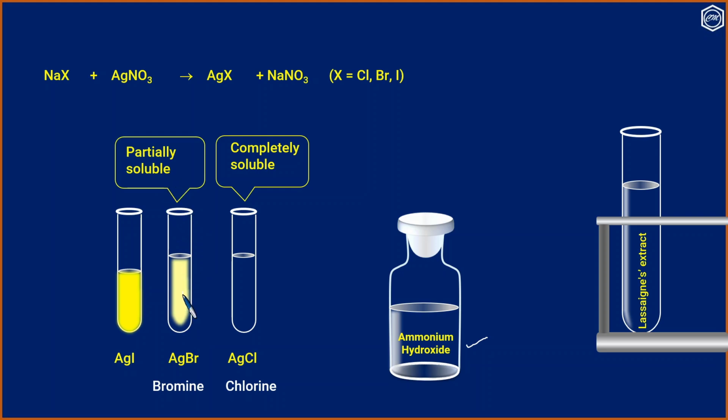So some of the precipitate remains undissolved. And that shows the presence of bromine. Now we are adding ammonium hydroxide to the third test tube, but it remains insoluble. That shows the presence of iodine.